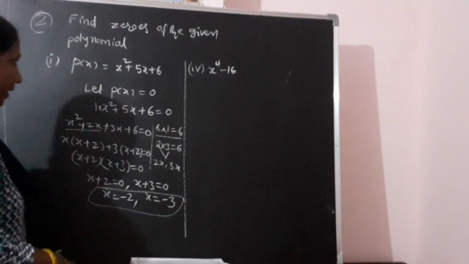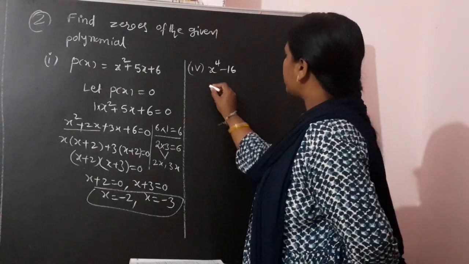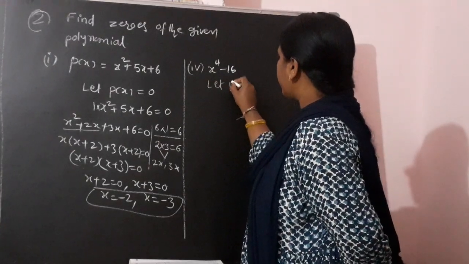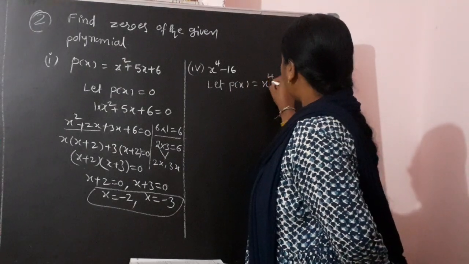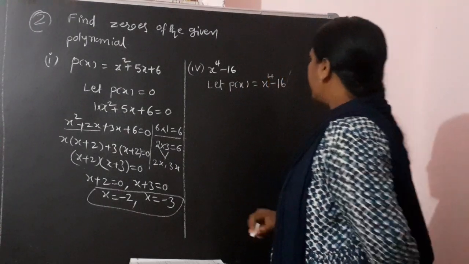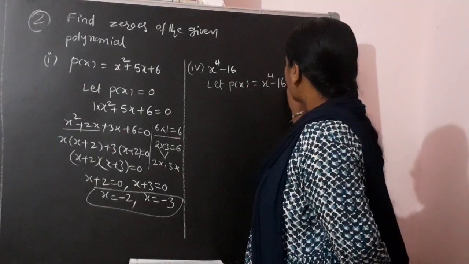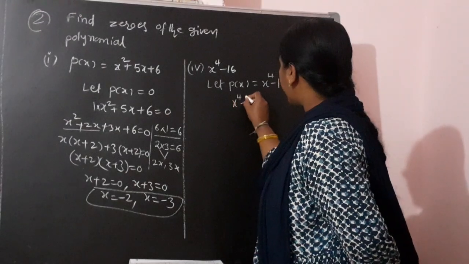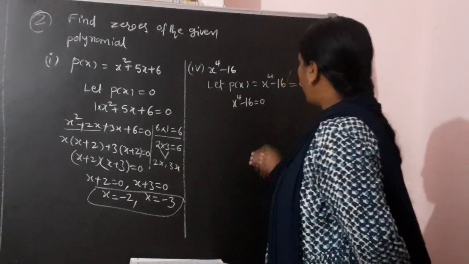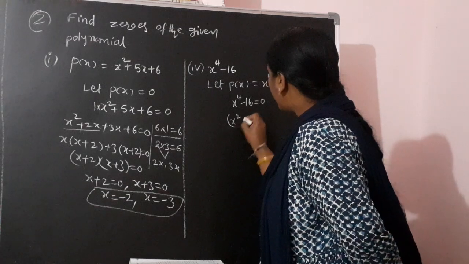Next, let's find zeros here. First of all, take this as f of x, otherwise p of x, equal to x power of 4 minus 16. For getting zeros you have to equate this to 0, so equal to 0. Now x power of 4 minus 16 equal to 0. Can we write this as x square whole square?